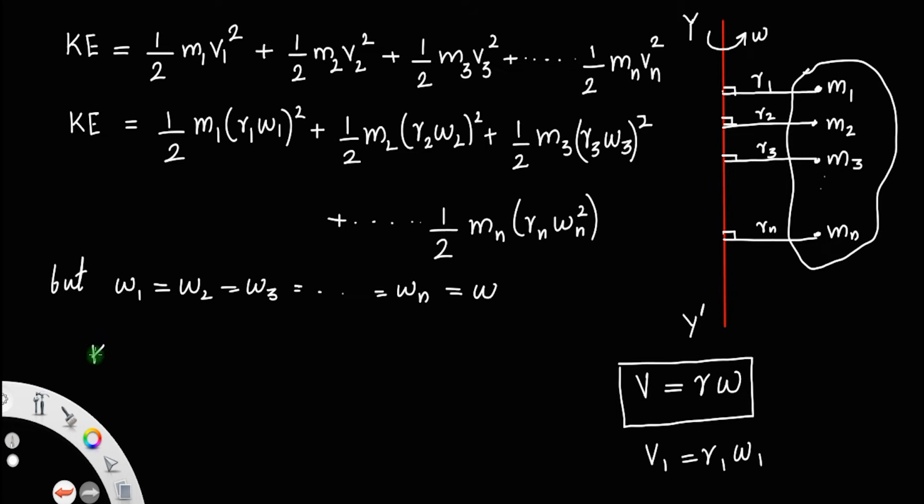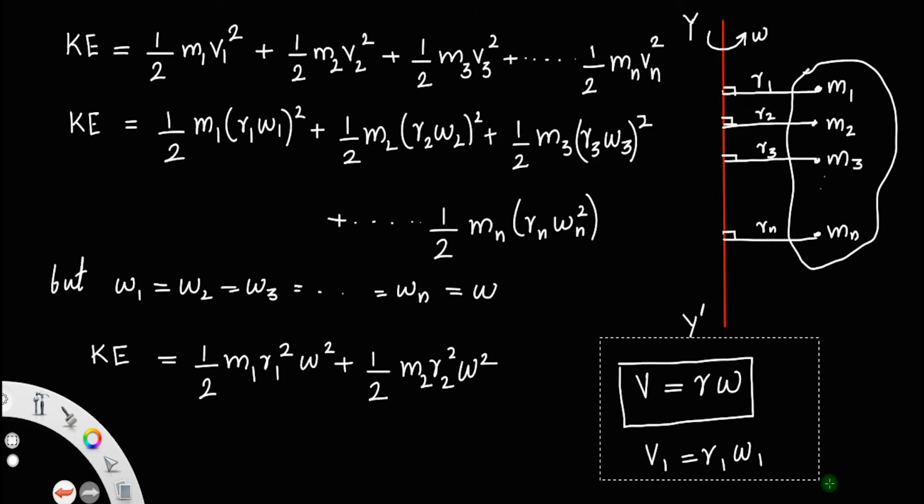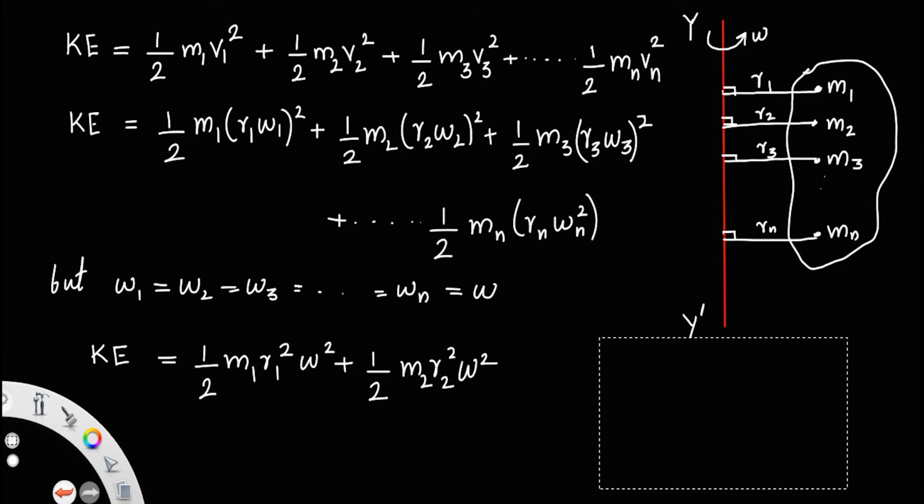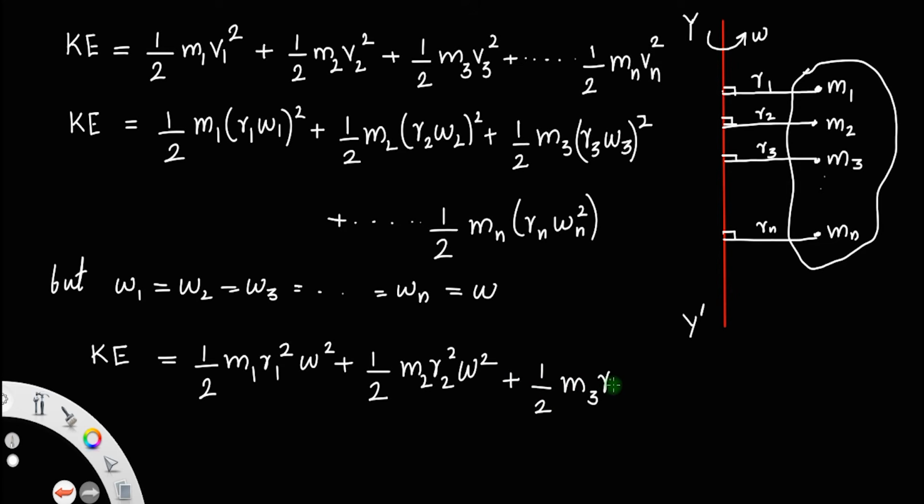So kinetic energy KE is equal to half m1 r1 square omega square plus half m2 r2 square omega square plus half m3 r3 square omega square plus etc. up to half mn rn square omega square.